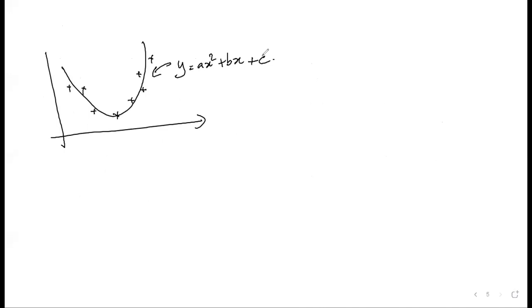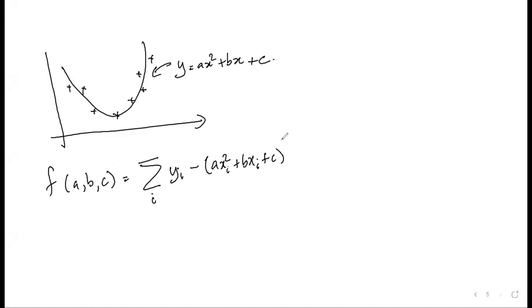All right. So again, this time our function has A, B, and C. I want to minimize over all i the sum of y minus (a x_i squared plus b x_i plus c). We want to minimize the sum of the distances of the y values from the curve.